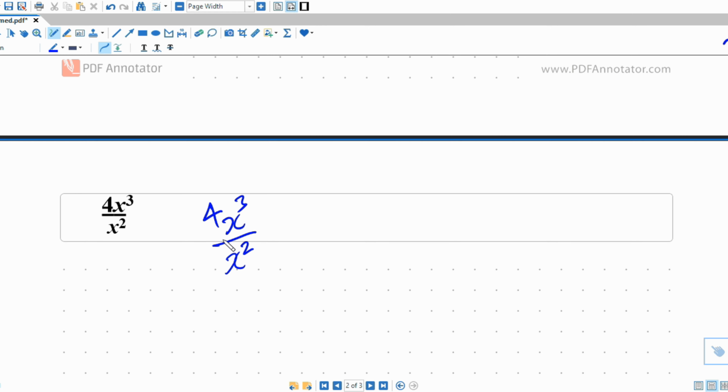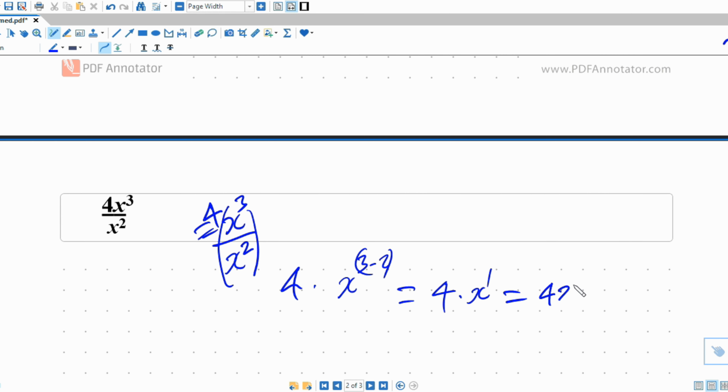The quotient rule here applies only on x, so 4 is going to remain the way it is, so that we shall have 4 multiplied by x raised to 3 subtract 2, and this is 4 multiplied by x raised to 1, which is actually 4x.